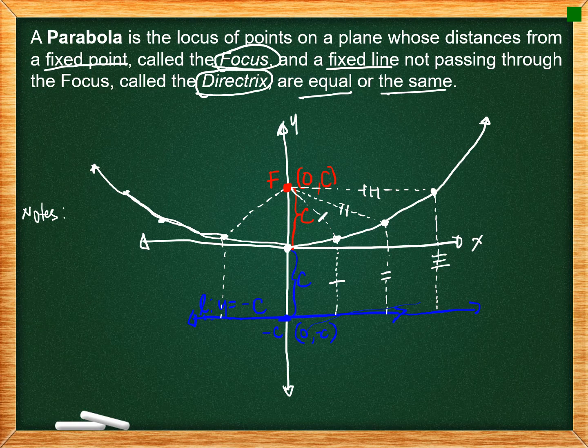Focusing on the focus, we can say that the graph is opening towards the focus. So, from that we can say that the parabola will try to open where the focus is.